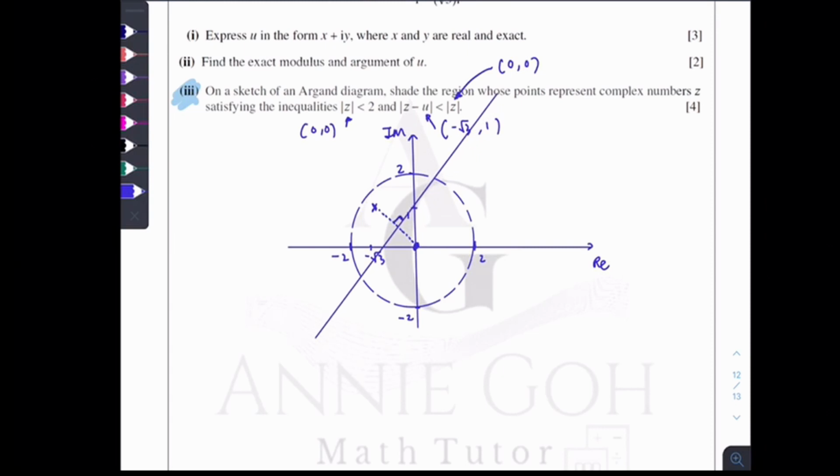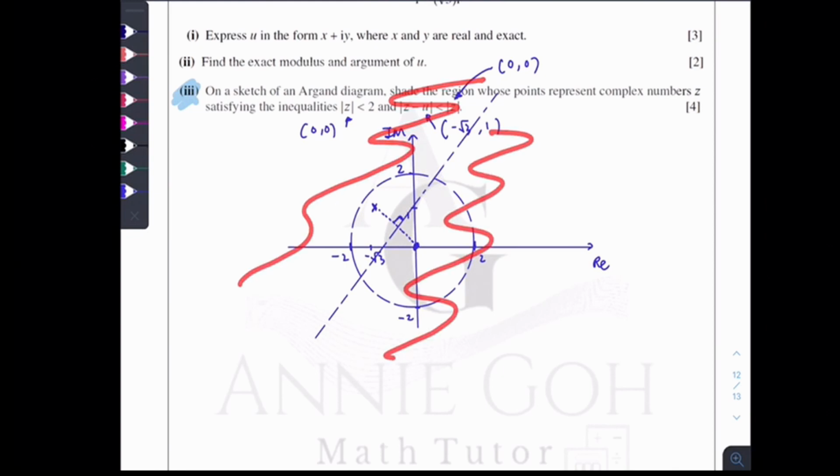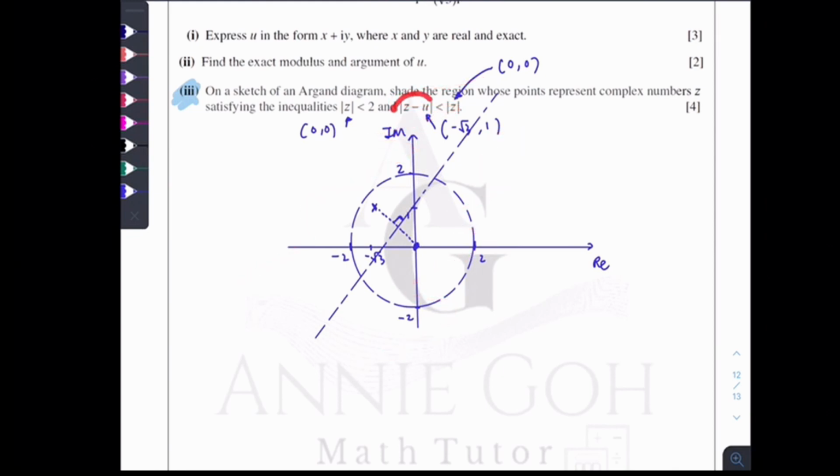Take note that for this perpendicular bisector, there's no equal sign in the inequality as well, which means this line should be a dotted line too. Then either we need to shade the left hand side or the right hand side, so we have to check. They want the distance between Z and U less than the distance between Z and the origin.